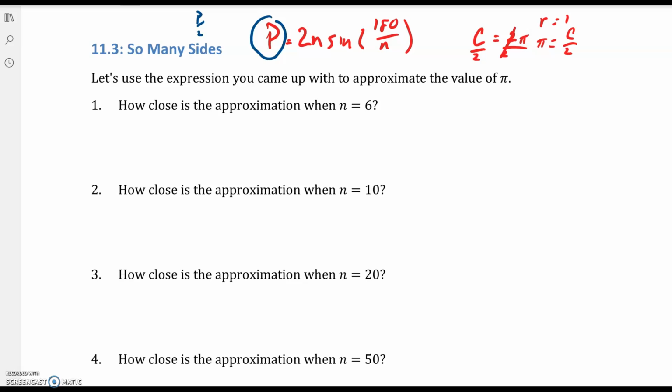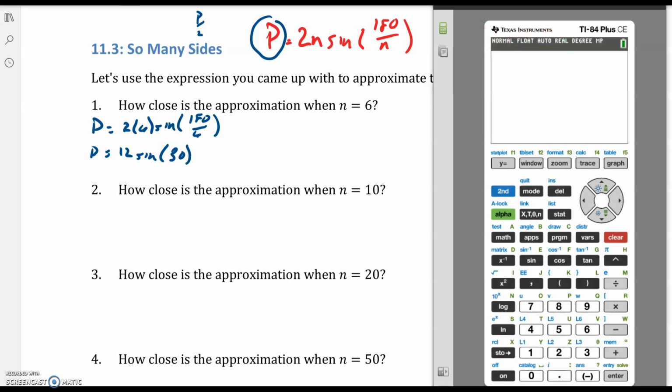Whenever we have a hexagon, the number of sides is 6. So let's look at the perimeter. The perimeter is going to be 2 times the number of sides, 6, times the sine of 180 divided by 6. Going to need a calculator for this. So 2 times 6 is 12 times the sine. 180 divided by 6 is 30.